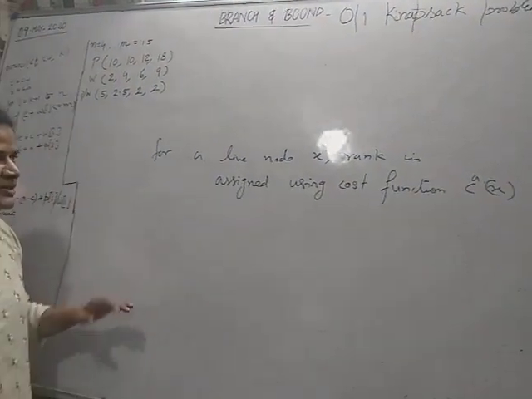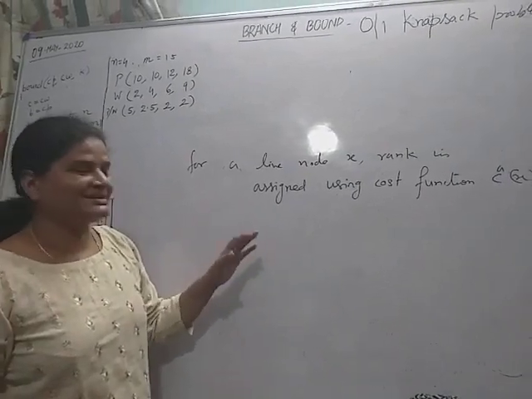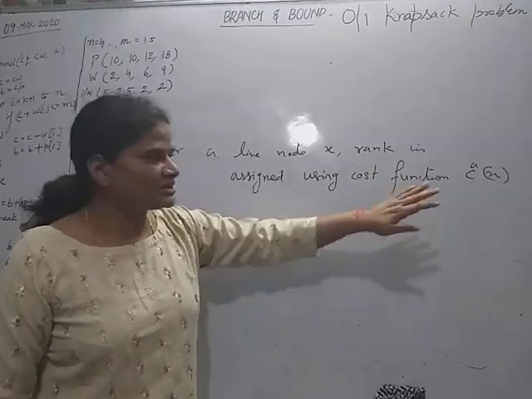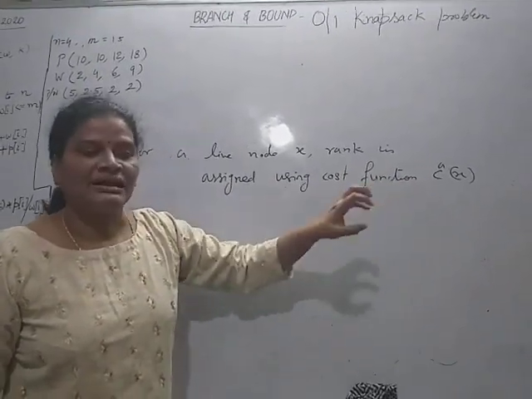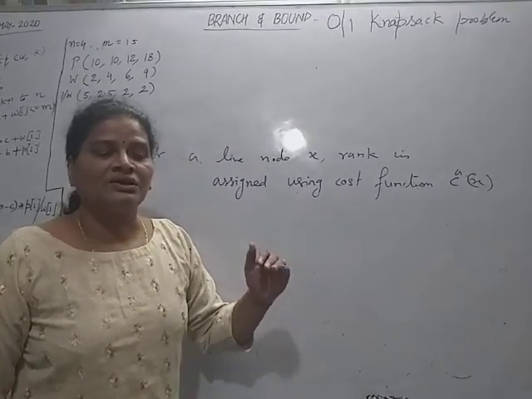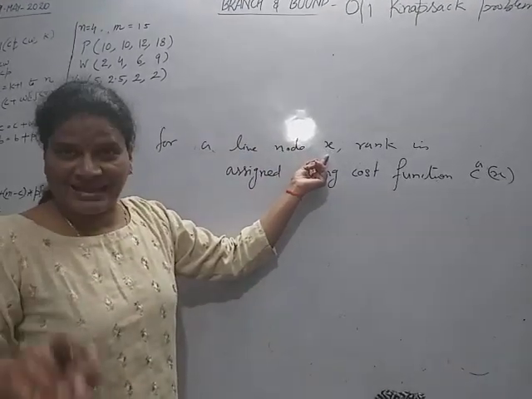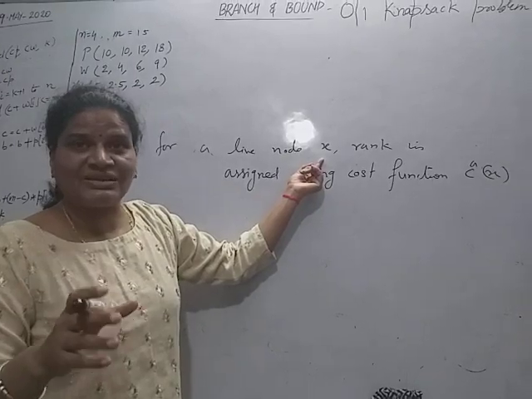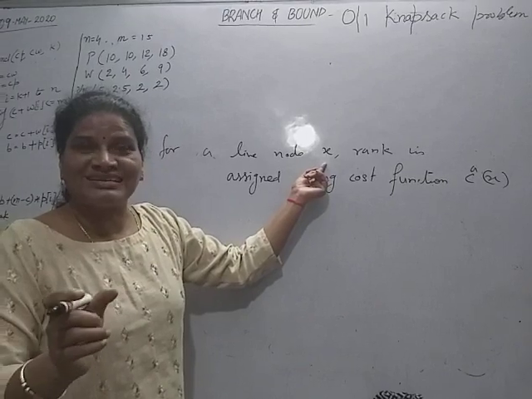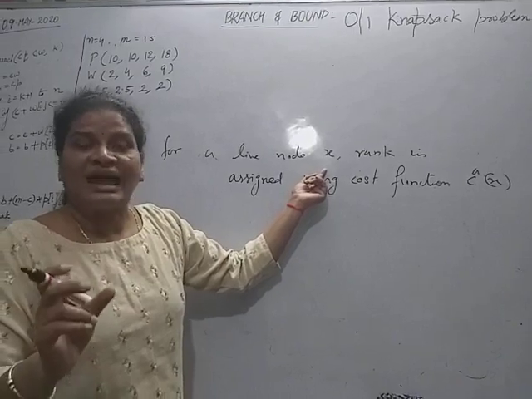What I am saying is that in a state space tree, with every node X, rank is assigned using the cost function C. What is this cost function? Simply the cost required to reach an answer node from the live node X. Here the cost is the computational effort, and that cost is needed to reach an answer node from the live node X.